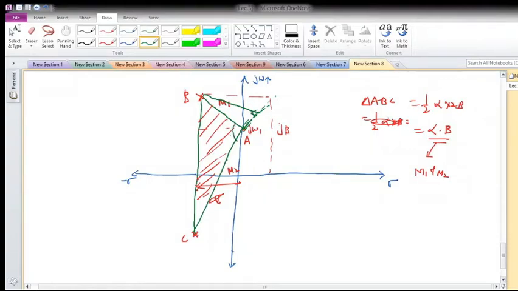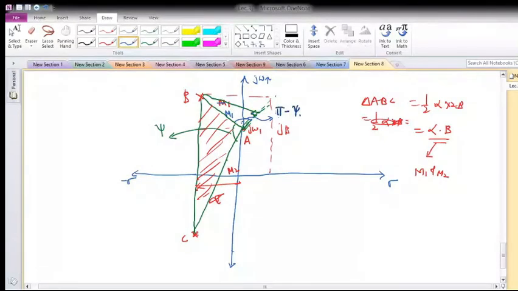Suppose this angle is my psi angle, so what about this angle? This angle will be pi minus psi. This is not 90 degrees, it looks like, but assume that this is 90 degrees. This is my M1 magnitude.